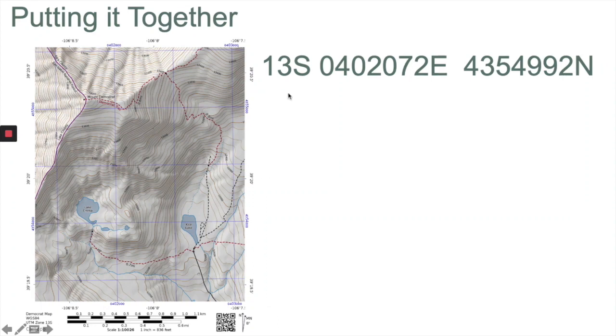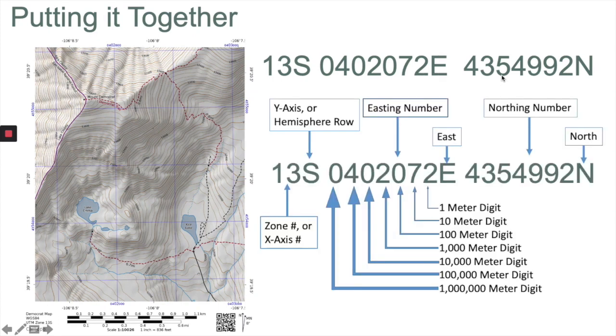So we're going to take a look at what all these numbers mean. I'm going to go ahead and plug those into the template that we had before, and we can take a look at how to read this. So we know that our zone is 13S, we already confirmed that, and now we're going to go off of our meters. So we're going to find our easting first. Again, we don't have a millions digit here, so we're going to start with 4020.